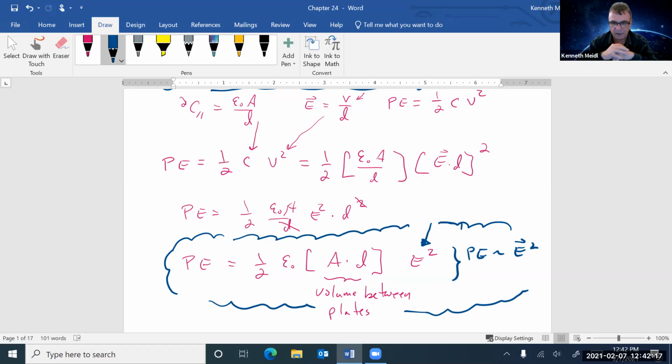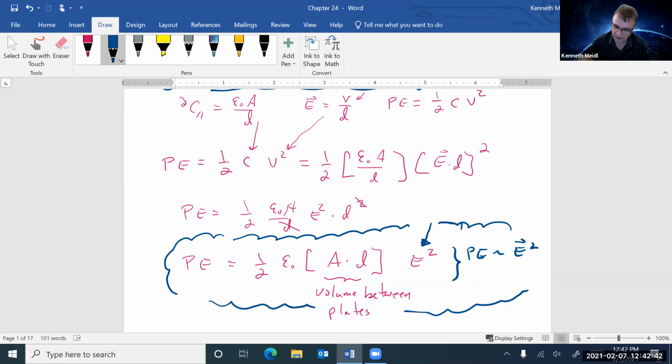Then you slowly start looking at, if I'm going to put charges on something that looks like this, what's the electric field look like? What's the voltage between the plates? You should be able to come up with the capacitance. And then we're able to get some energy relationships that work for any type of capacitor here.